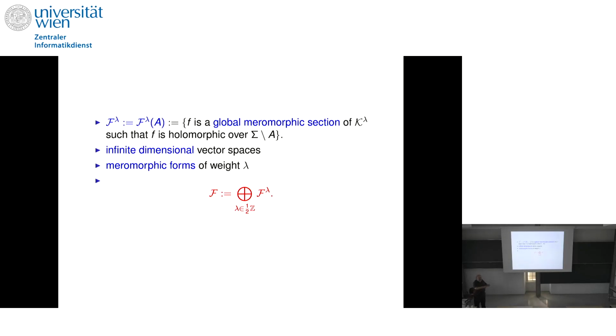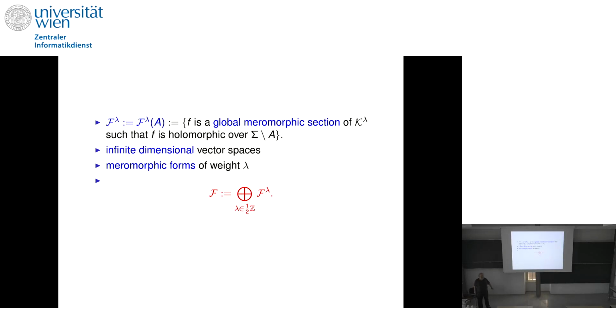This means we can write them locally as f(z) dz, where z is the variable, okay? So meromorphic forms means f(z) could be a meromorphic function, could have poles, algebraic poles. The order of the poles is not fixed.